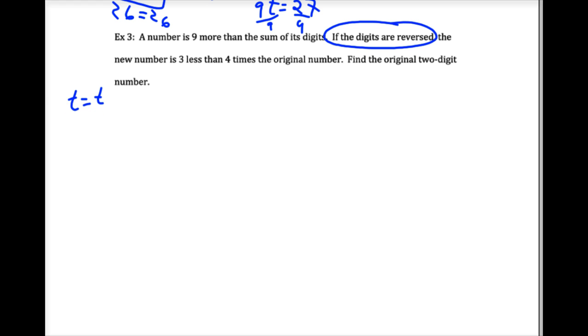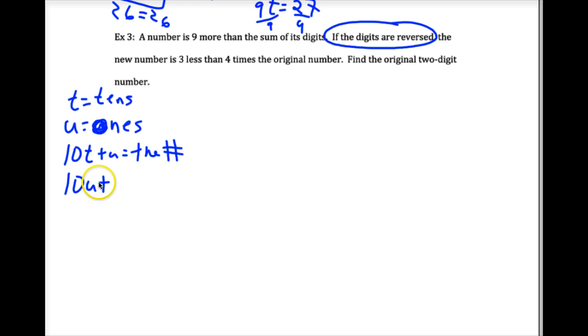So t equals tens, u equals ones, and 10t plus u equals the number. Since it talks about the number with the digits reversed, you have to write down 10u plus t equals something like number reversed. Keep it simple. Keep it short.